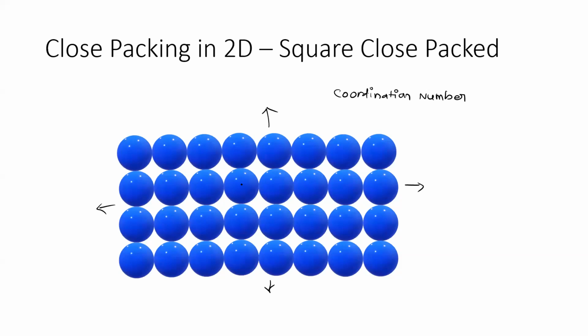Is that clear? Suppose I'm taking this atom, it is directly touching this atom and this atom, and the top of this and bottom of this. If you connect all the centers, you will get a square like structure. That is what is called a square close packed structure.